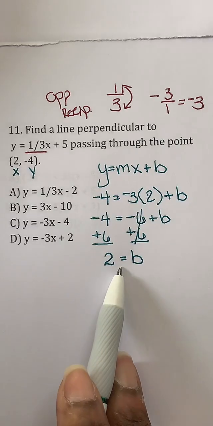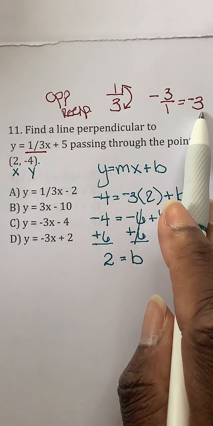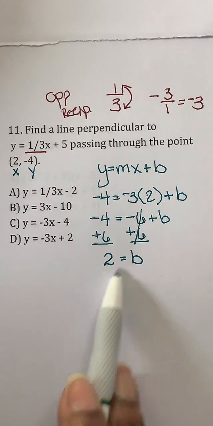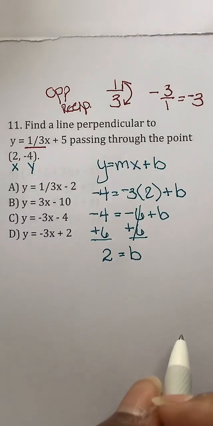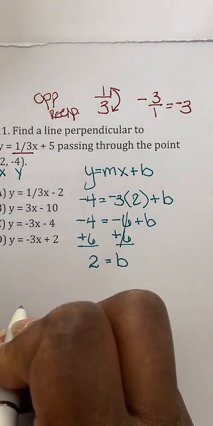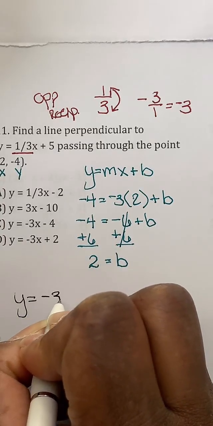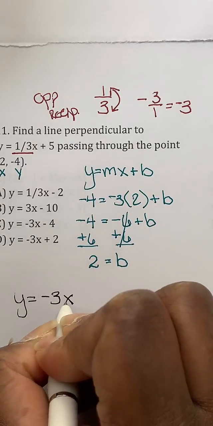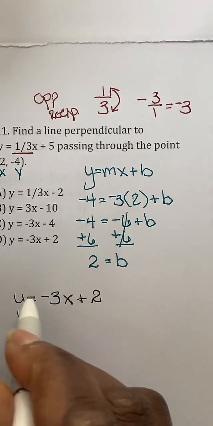So what I just found was my b. So I have the slope, I have the y-intercept, now I can make the equation. The equation is going to be y equals my m, which was -3, x plus my b, which is a +2.